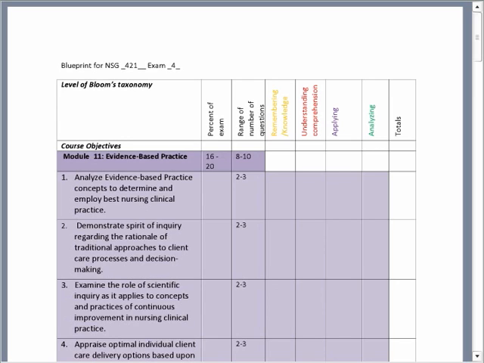Okay? The sixth objective is asking you to explore the concepts of patient care delivery models. So some of those different care models would be what you see now in acute care facilities. You see RNs, only RNs, in hospitals taking care of patients, right? In the past, we've actually had team nursing where we had an RN, an LPN, and a couple of CNAs be part of a team, and they actually took care of a group of patients.